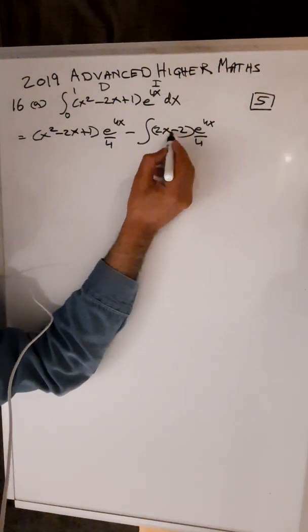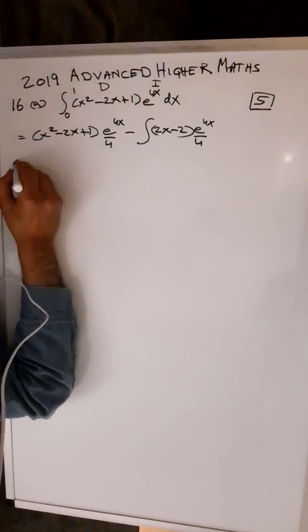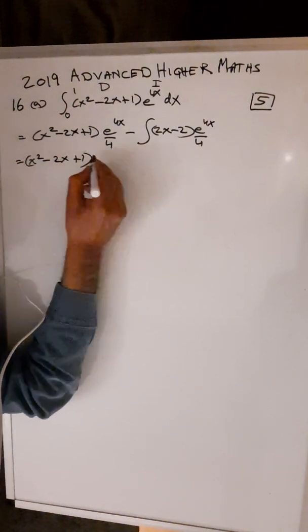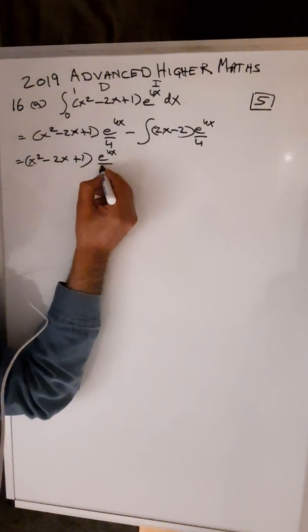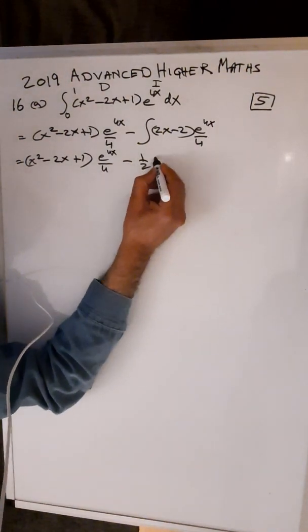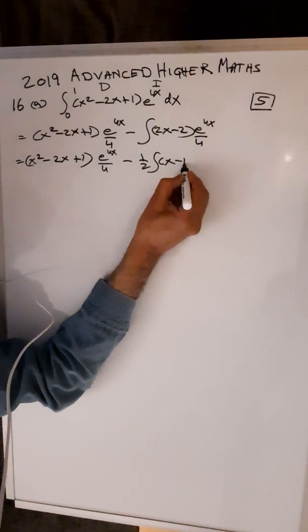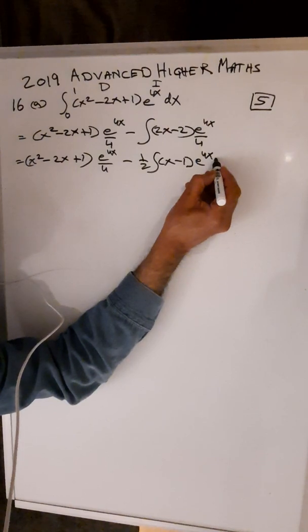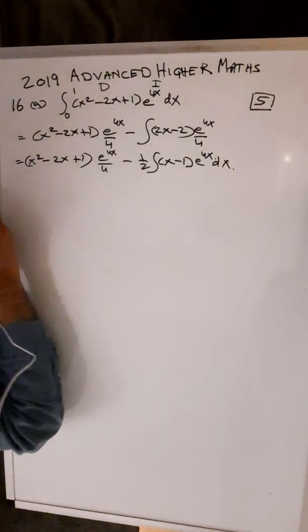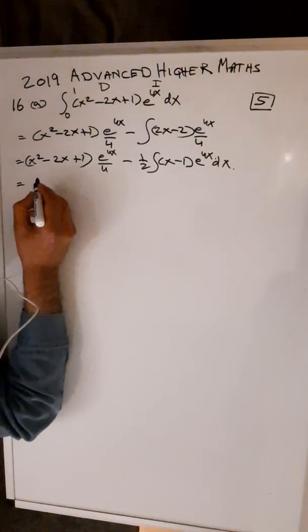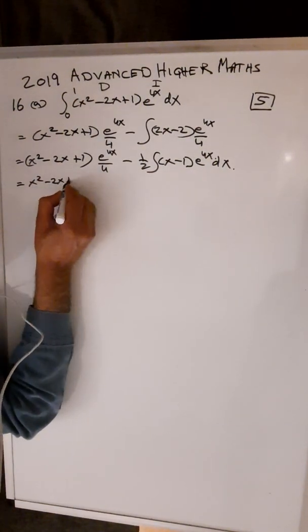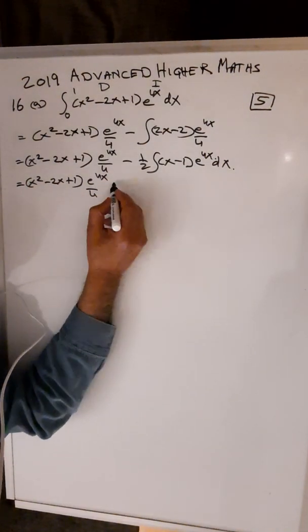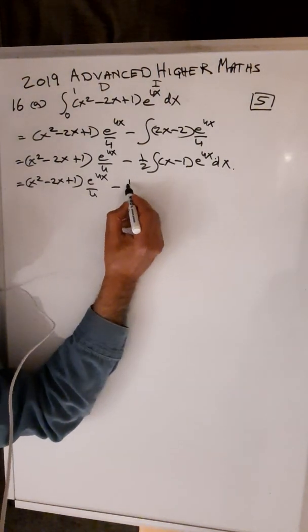You can divide 2 by 4 to give you a half there, so that is equal to x squared minus 2x plus 1, e to the 4x over 4, minus a half times the integral of x minus 1, e to the 4x dx. Now we still have this x squared minus 2x plus 1, e to the 4x over 4 minus, keep your half outside.